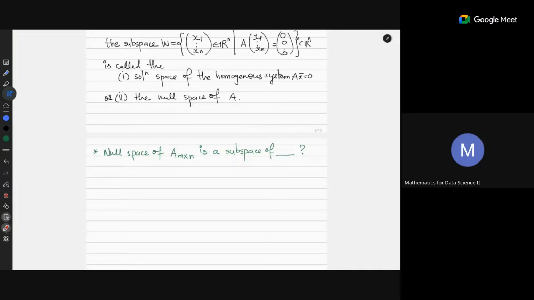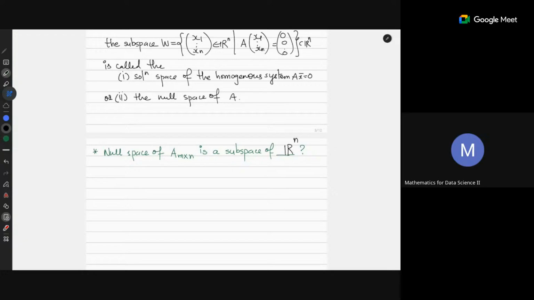What do you mean by it can be? Is there any possibility that it is not a subspace? Yes, so it is a subspace of Rn.